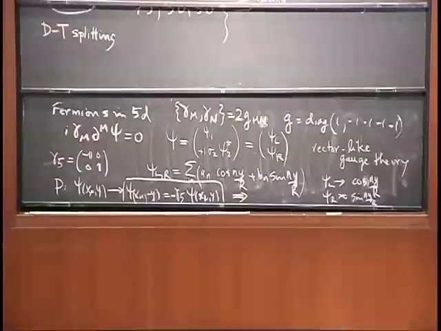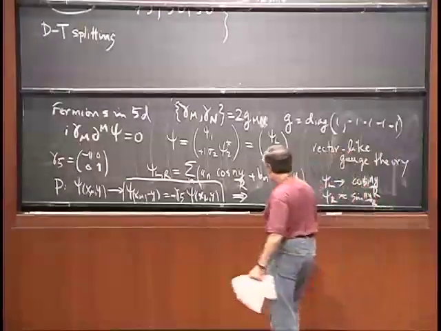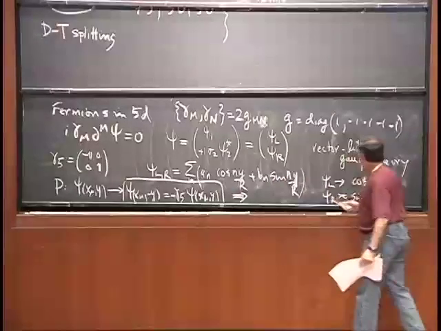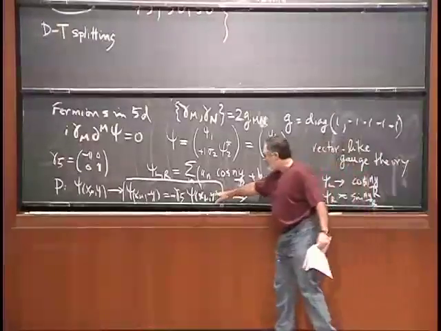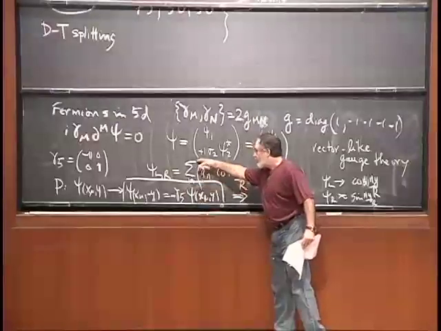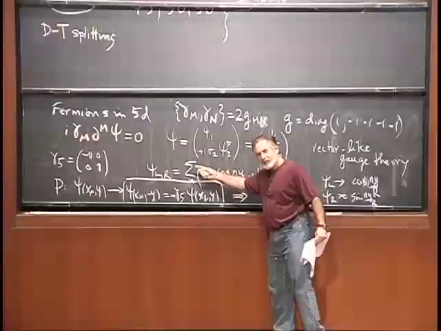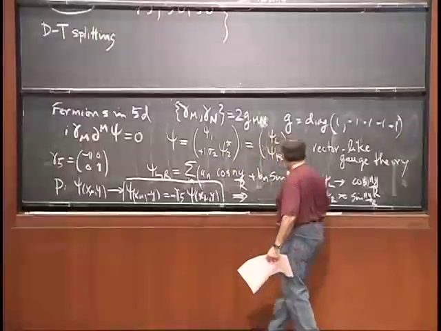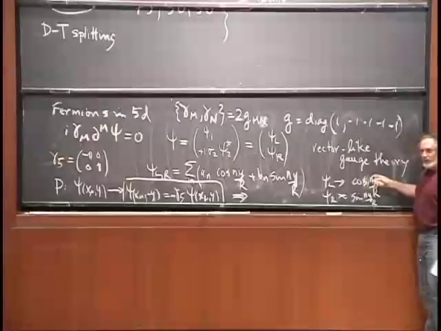So if we require this orbifolding boundary condition, we require fields to satisfy this condition, where there's this parity operation associated, and the fields have a parity which differs for the left movers and the left chiral modes and the right chiral modes, then we split the degrees of freedom.